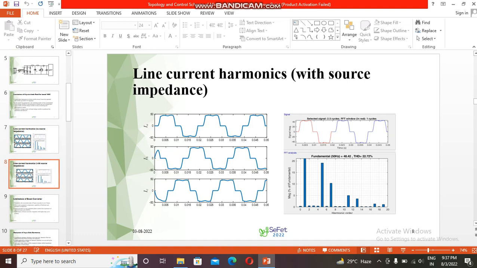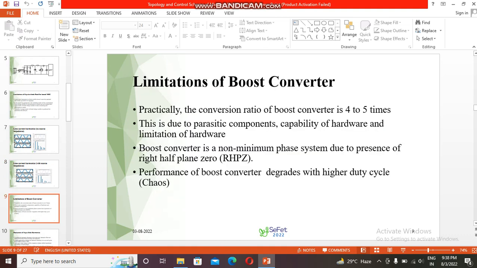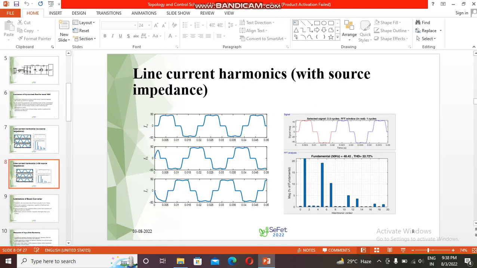According to np plus minus 1, the first harmonic is the 5th and the second is the 7th. Then the 11th and 13th order harmonics are there, and the fundamental is always there. This is the basic limitation of a line commutated diode bridge rectifier.